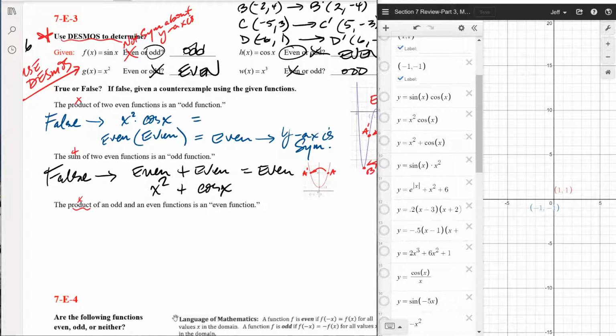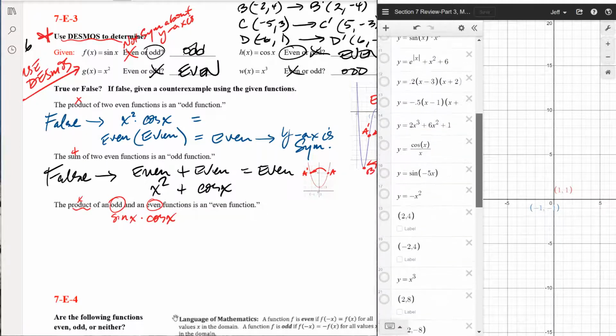So let's try sine x for an odd, and let's try an even. Well, you can pick x squared, or you can pick cosine x. It doesn't really matter. So sine x is odd, and cosine x is even. So if I use these two, this is an odd and an even. What do we get?